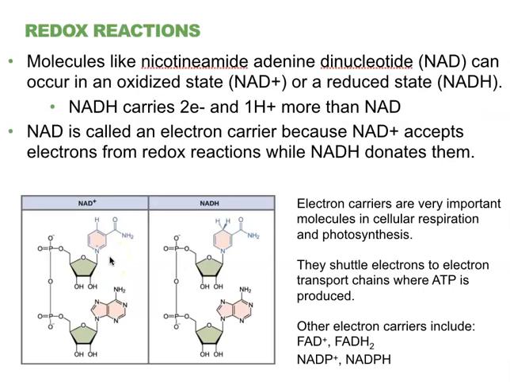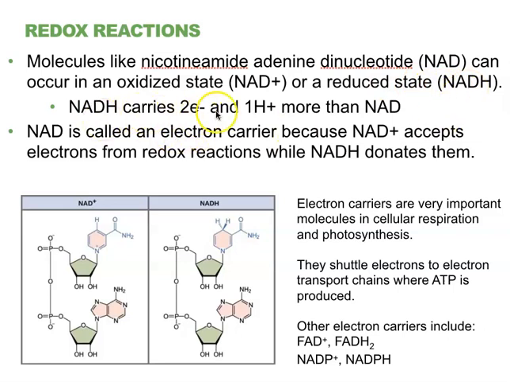Now, how do we do that? Molecules like nicotinamide adenine dinucleotide can occur in an oxidized state or a reduced state. So depending upon what its responsibility is, NAD+ is the oxidized state, and the reduced state is NADH. You'll see in many textbooks that it's NADH plus H+, which means we're moving protons around.